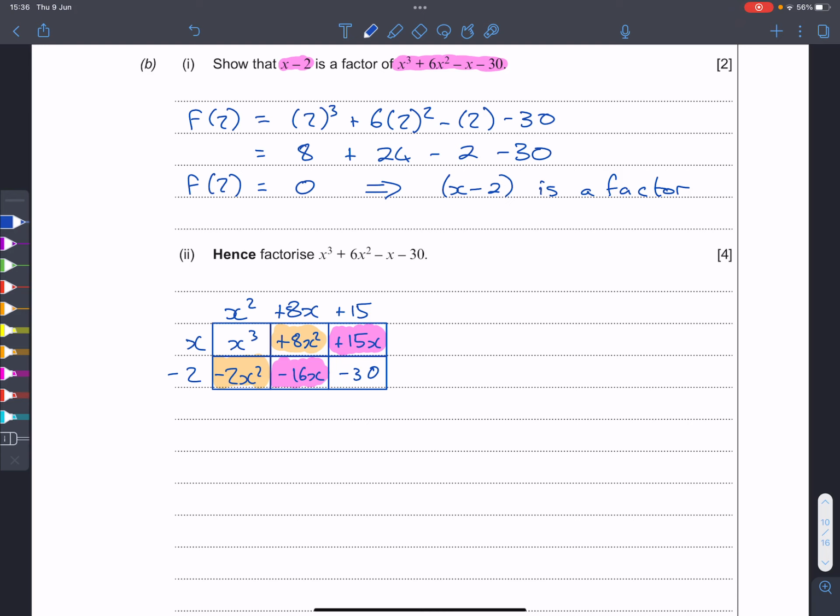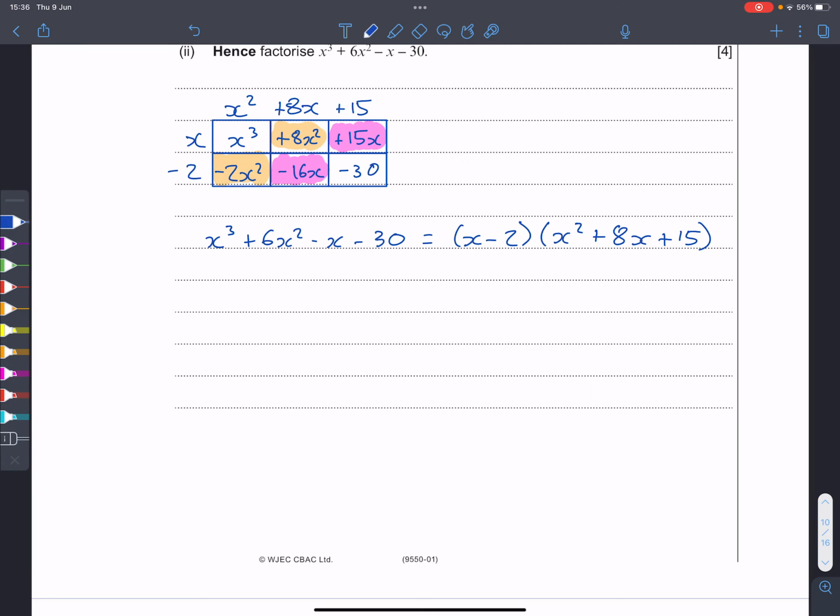So I now know that this x cubed plus 6x squared minus x minus 30 can be written as x minus 2 times x squared plus 8x plus 15. That can factorize.